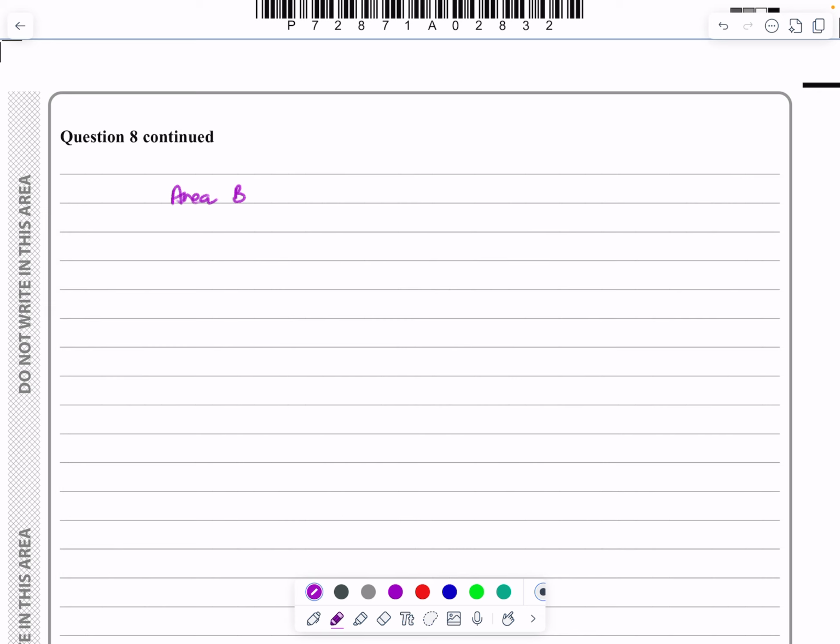area B, if you want to say it's the area of a triangle, remember it's half base times height. To find the length of base, we've got 8y plus 2x equals 17, but we know that y is equal to 0.